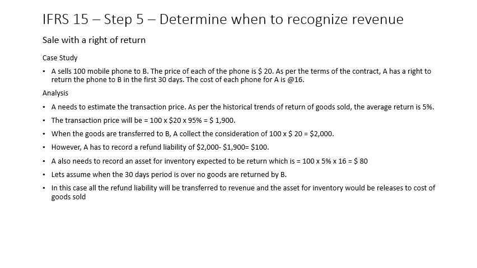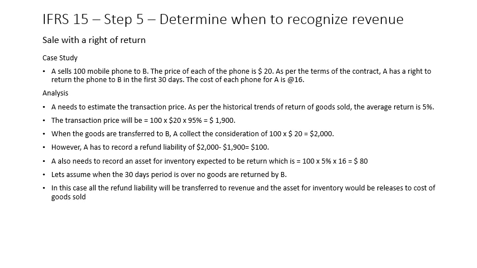The difference between $2,000 and $1,900, that is $100, would be recorded as a refund liability. A also needs to record an asset for inventory expected to be returned, which is 100 phones into 5% into the cost of each phone, which is $16, that is $80.